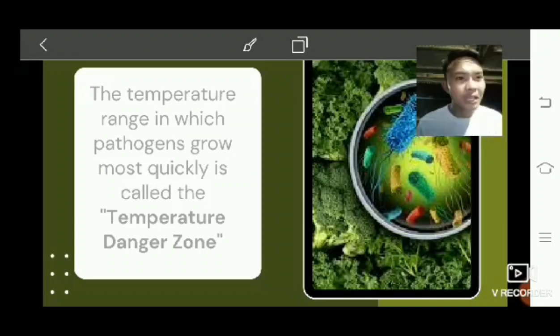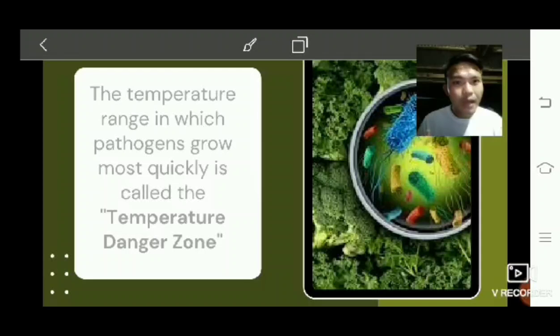That is why microorganisms spread very quickly. Again, the temperature range in which pathogens grow most quickly is called the temperature danger zone. It's because germs spread very fast.